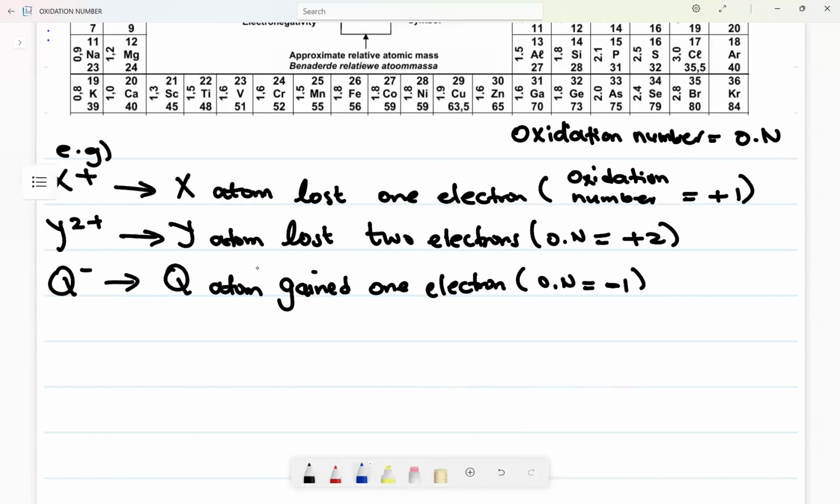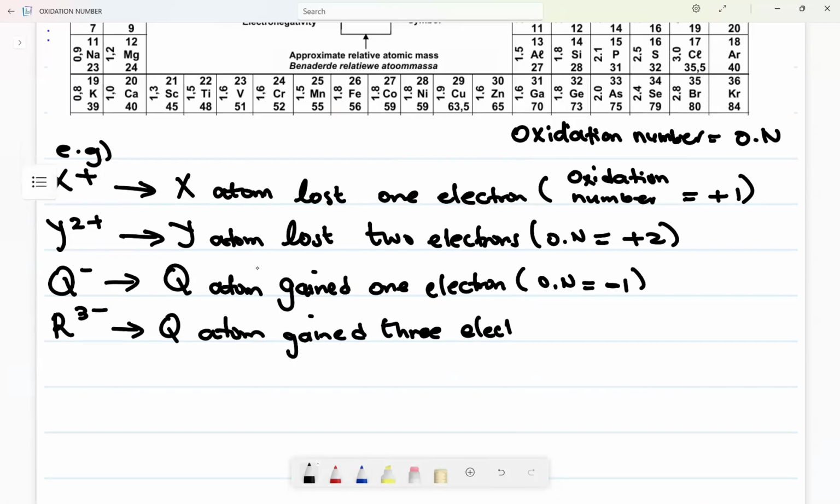And then let's consider the last one, R3-. It tells you that the R atom gained 3 electrons, and its oxidation number is going to be equal to -3. All right. This makes sense now.